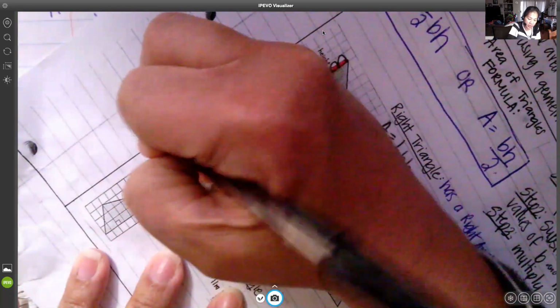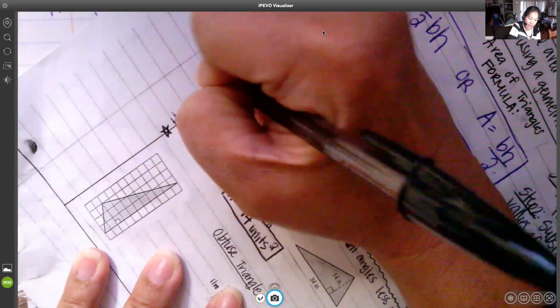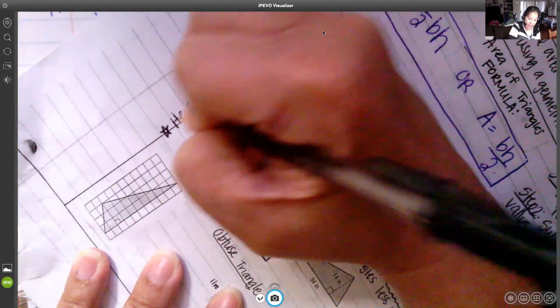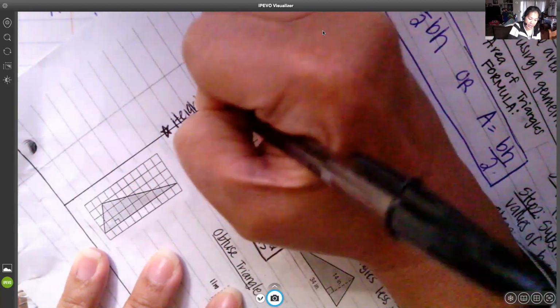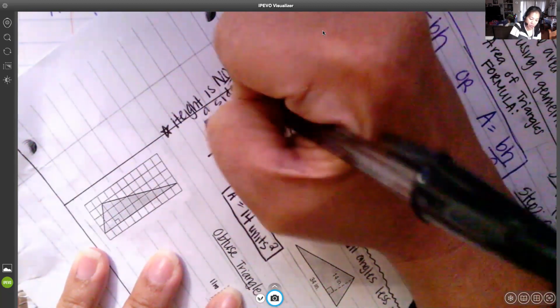Let's put a little star here with acute angles, right? The height is not a side of the triangle. Okay, it's very important.